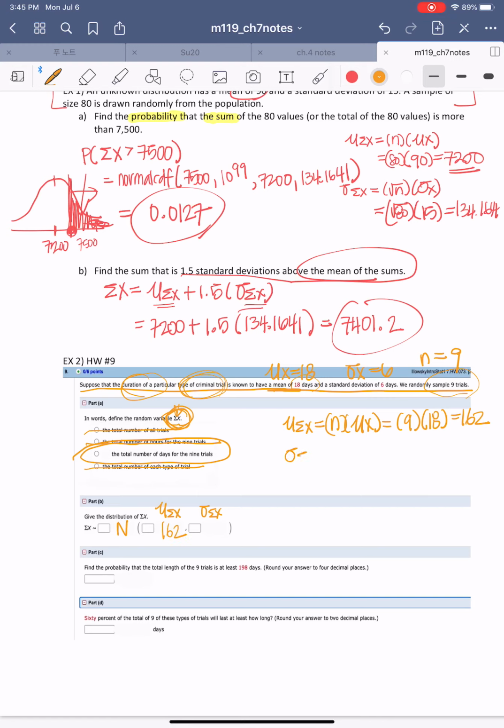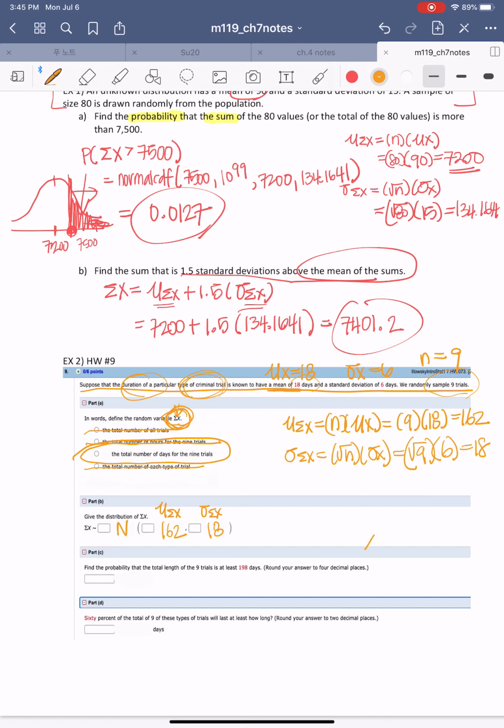Sigma of the sum will be square root of n times sigma of x, square root of 9 times 6, 18.